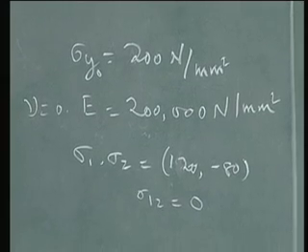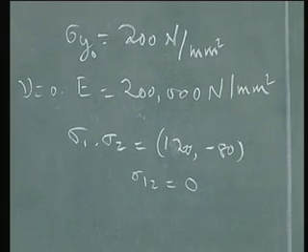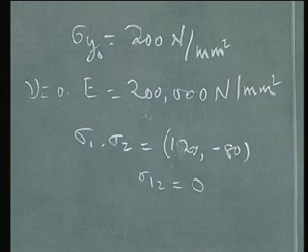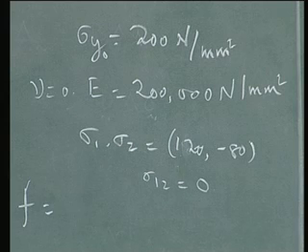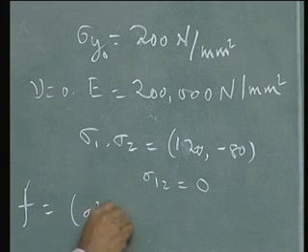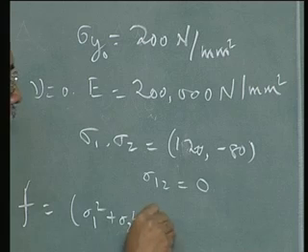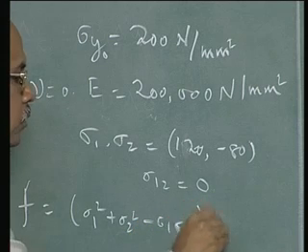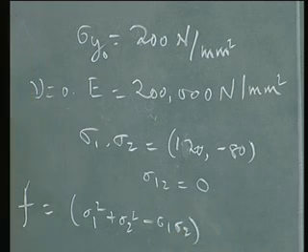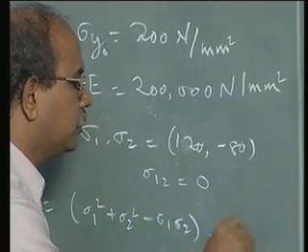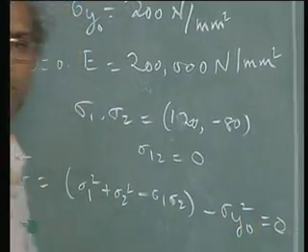Let me write down, for ease, F in terms of principal stresses. That can be written as sigma 1 squared plus sigma 2 squared minus sigma 1 sigma 2, whole power half, minus sigma y0 squared is equal to 0.